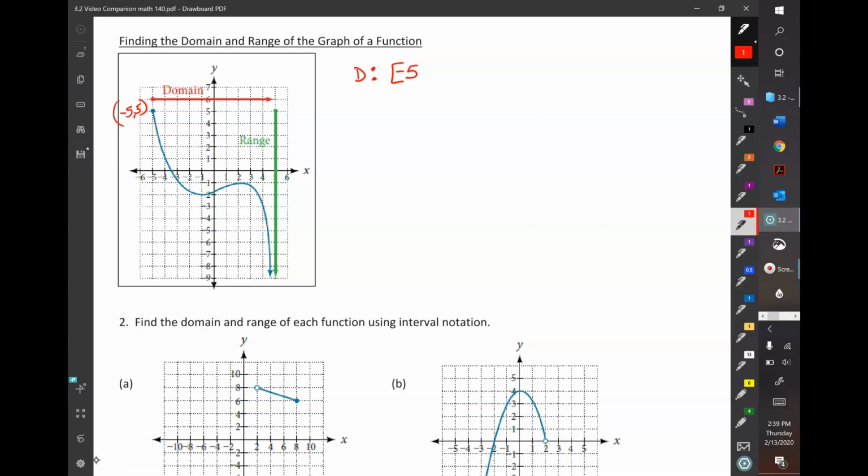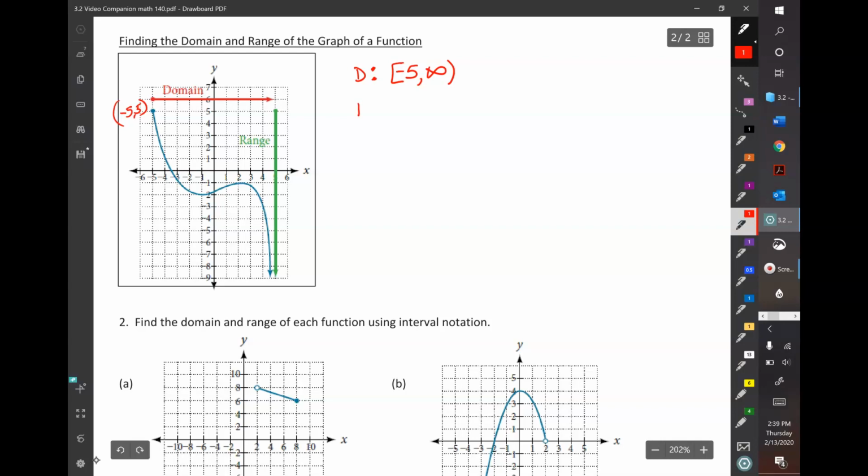It looks like it kind of just goes straight down, but it really veers off a little bit to the right. So that's going off to positive infinity. So I'm going to write that as the other piece of my interval. So the domain for that is squared off bracket, -5, inclusive, I might say, comma, infinity, and then a curved bracket.